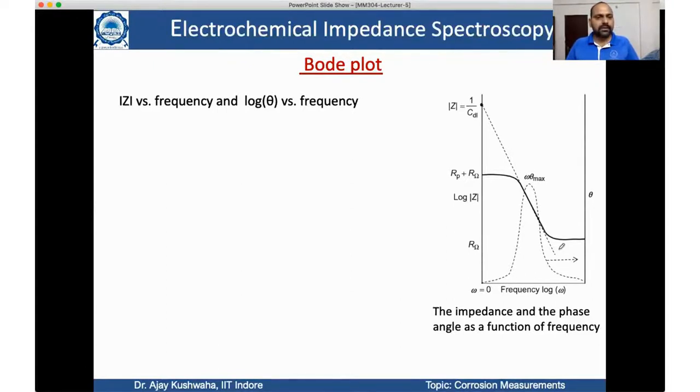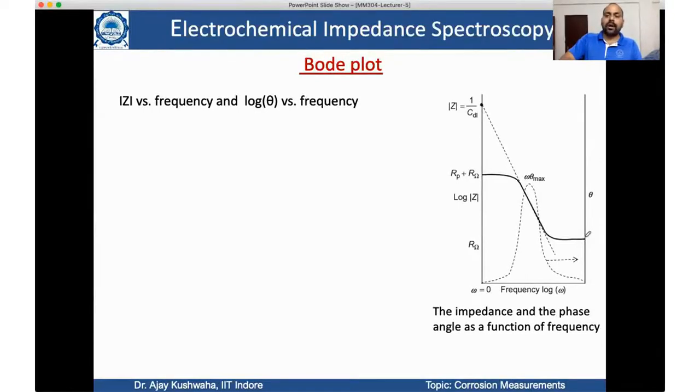In the Bode plot, what we plot is the mod of Z dash with respect to change in the frequency, how the mod of Z and how the theta are going to vary. So see here, in the x-axis we have the frequency, log omega, and in the y-axis we have mod Z as well as theta.